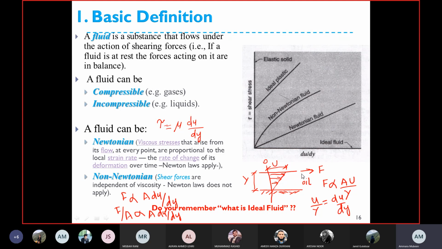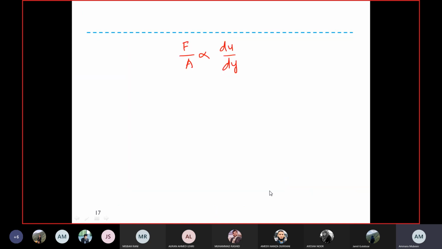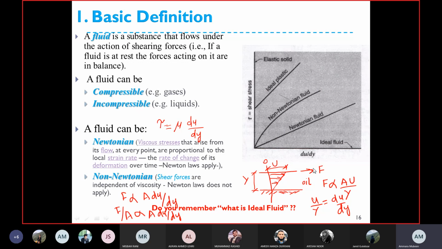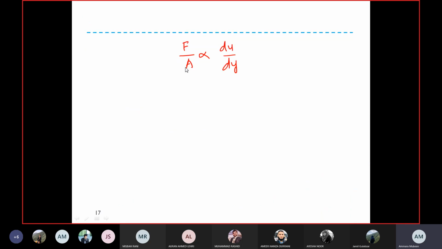Only the force has been applied on the top plate, and the layers of fluid would have some velocity, and the velocity profile of the layers of the fluid in between would be like this. So what about F over A? F is actually a parallel force, you can see here. When the force is parallel and divided by area, it becomes stress. So it would be shear stress.